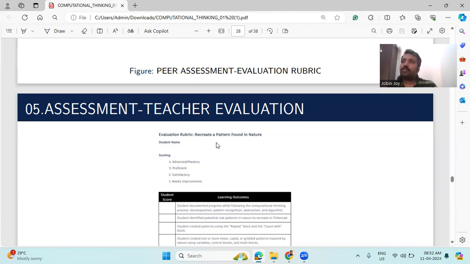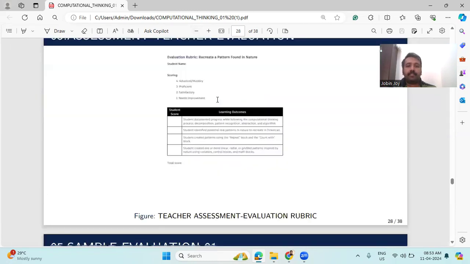During the peer evaluation also they will correct something. And finally the teacher evaluation. So there are improvements, there are positives if we are implementing the concept of self evaluation and peer evaluation. This is very useful, and this is very relevant in a collaborative learning environment.